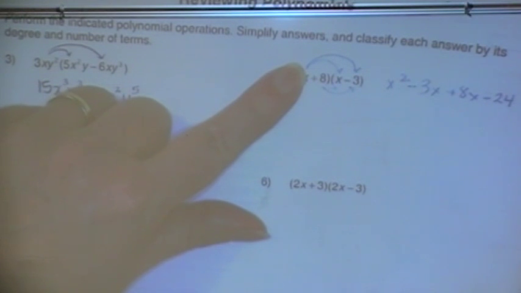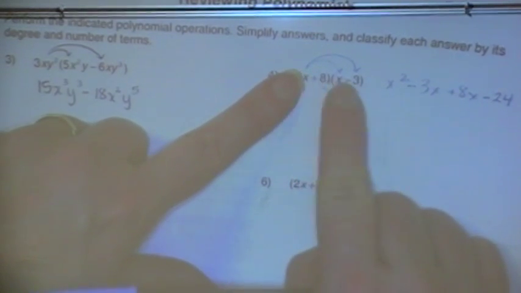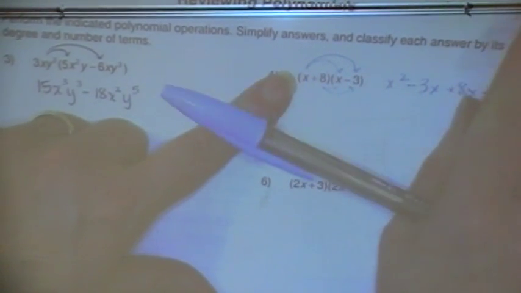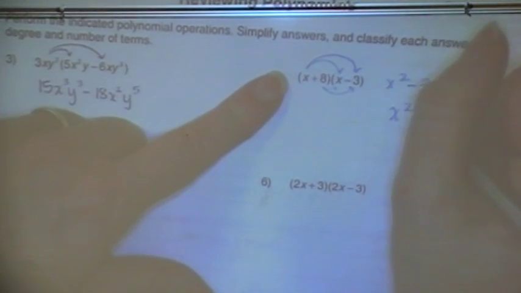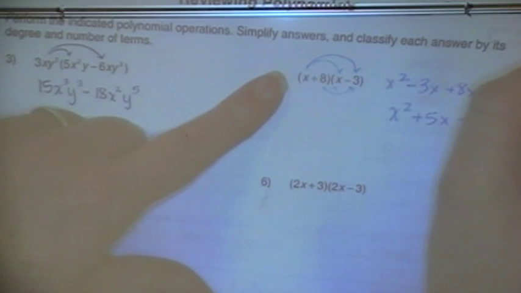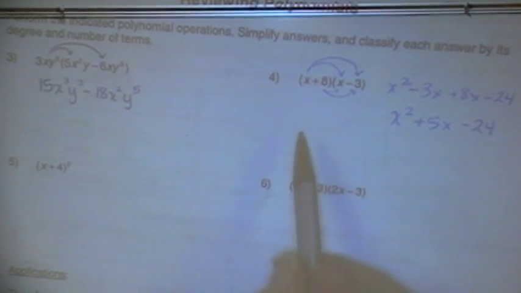Which is the same thing that you would have gotten if you did first times first, outer, inner, last. It's the same thing as FOIL. So then we combine like terms and I get x squared plus 5x minus 24.